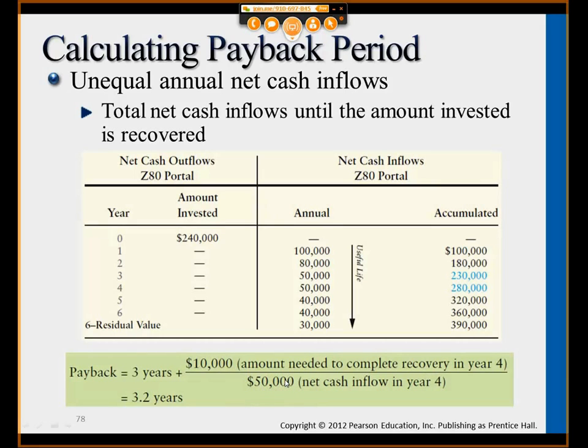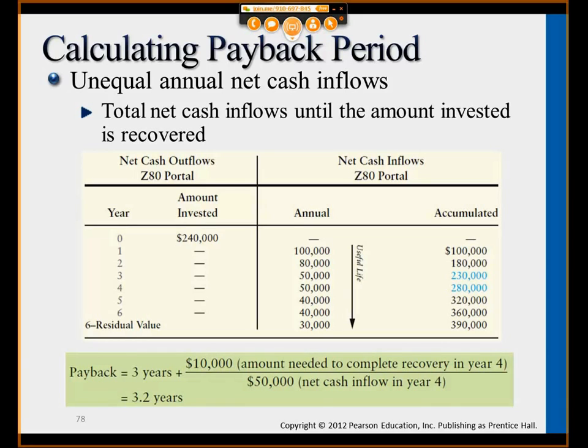Okay? So what did we do here? All of the cash that was, so to say, flowing in, right? We were just putting aside for that investment, right? We were trying to equate it to the investment that we initially invested. So we had an inflow of 100, of 80, of 50. Okay, great, we're very close, but we're still missing 10,000.